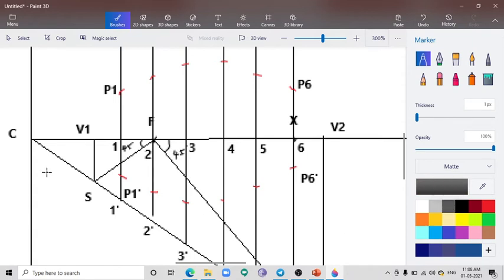We have to join all the points using a smooth curve, like this, so that we will get the smooth curve.